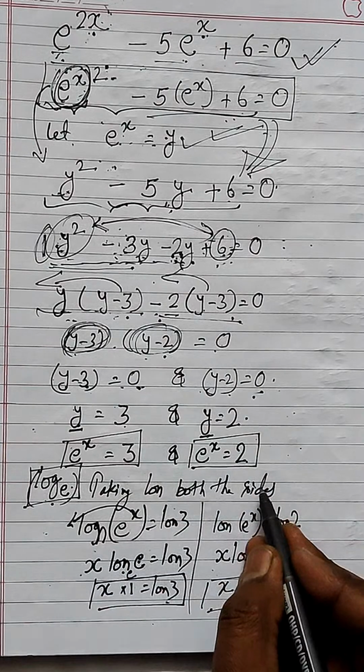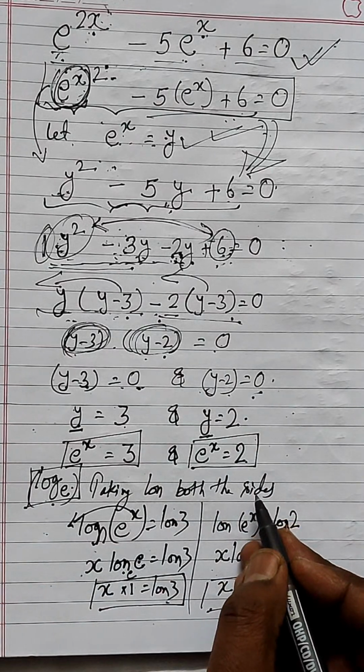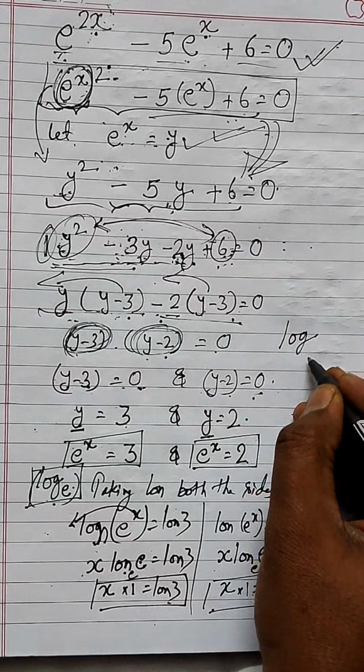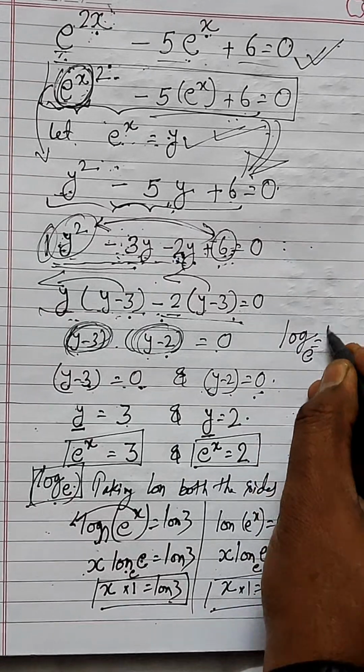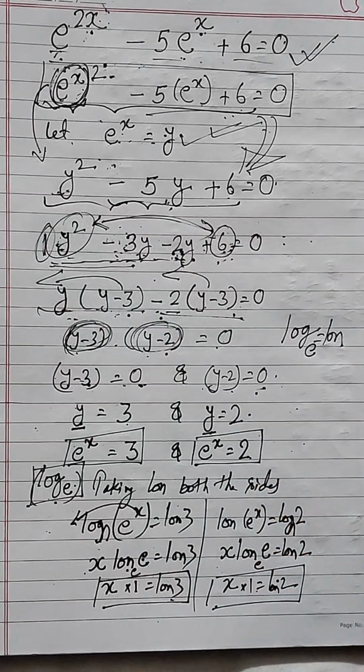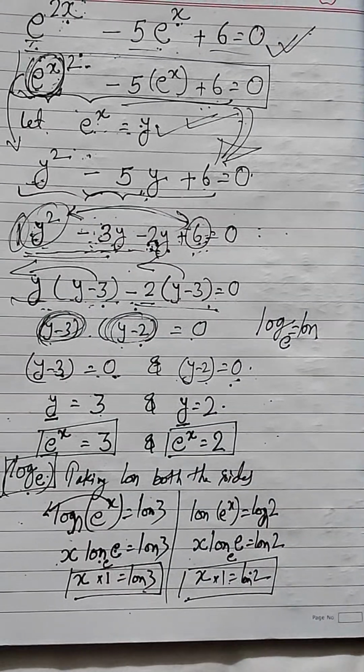Taking ln on both sides, because what is ln? ln is the logarithm with base e.